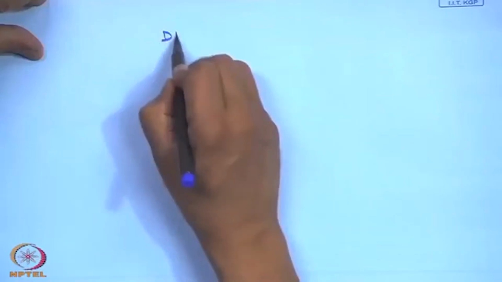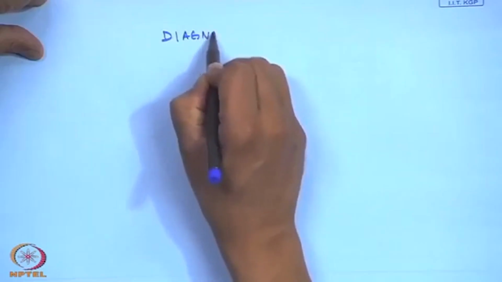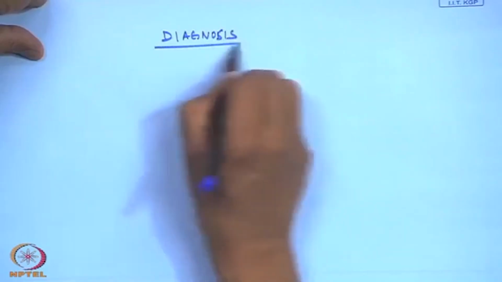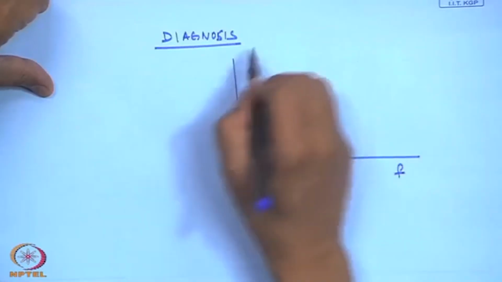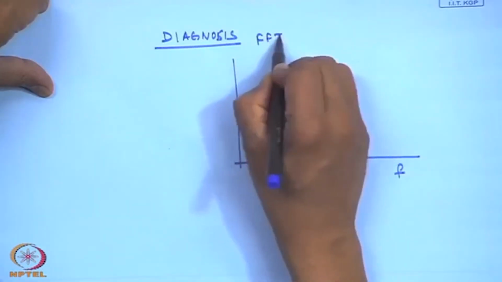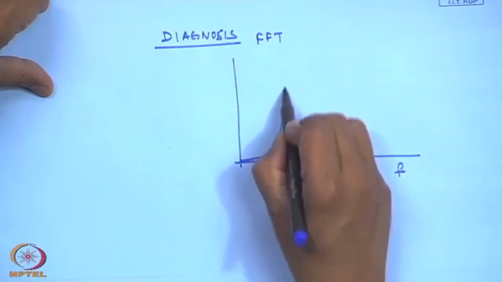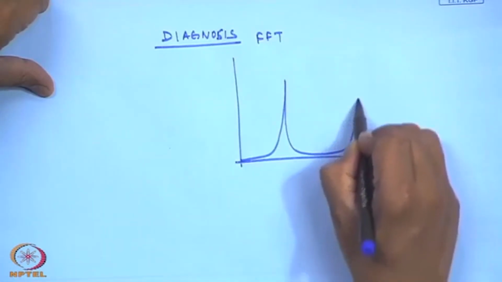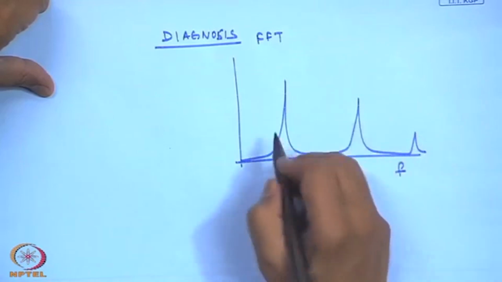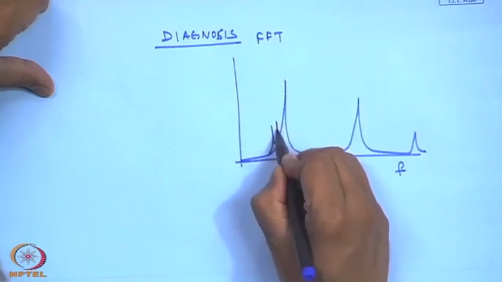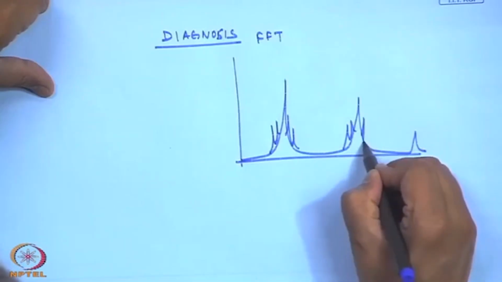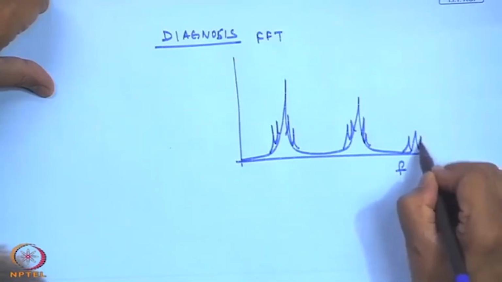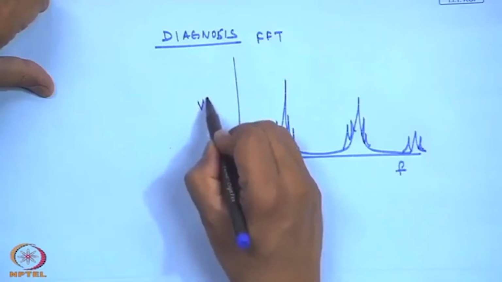And of course, because we want to go into a fault diagnosis mode, we can go into the frequency domain by the technique of FFT, and I will be seeing certain peaks, and then around them there will be sidebands, and this is the vibration level.